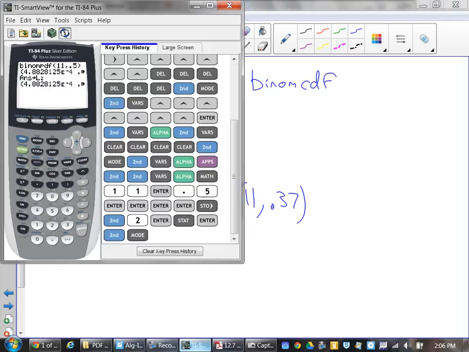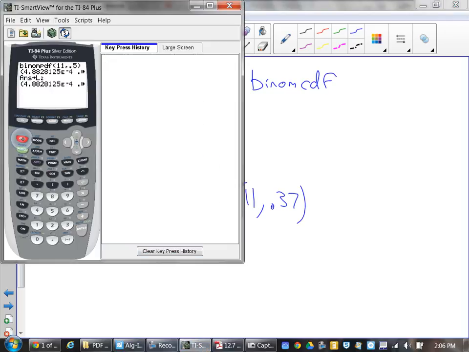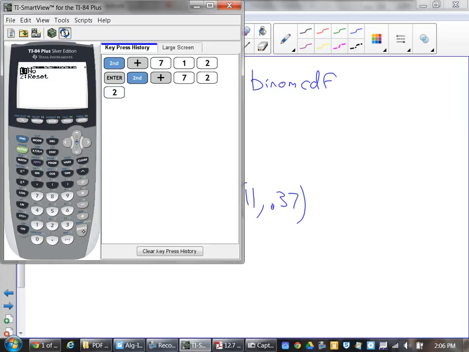11, 0.37. Let me clear this out here real quick. If I wanted to create a list of 0 through 11 and then a binomial distribution of all of those values, all I do is this.